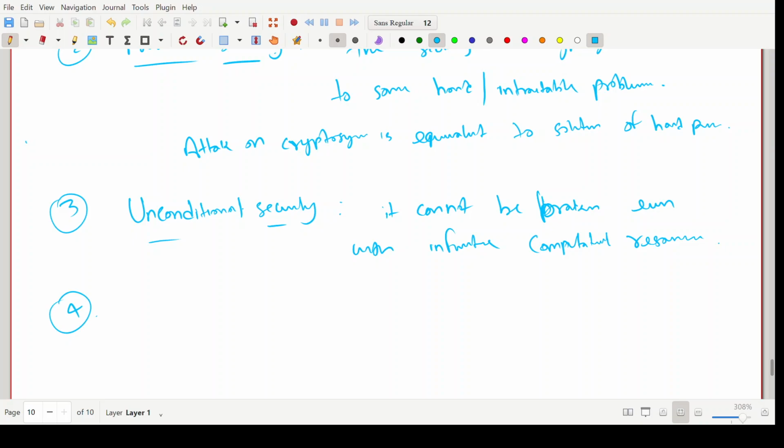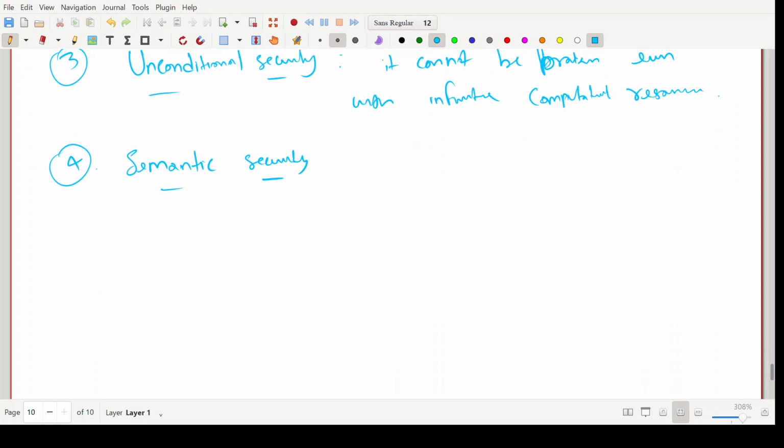Next is semantic security. In this approach, it is observed whether a given ciphertext leaks any information about the plain text or not.